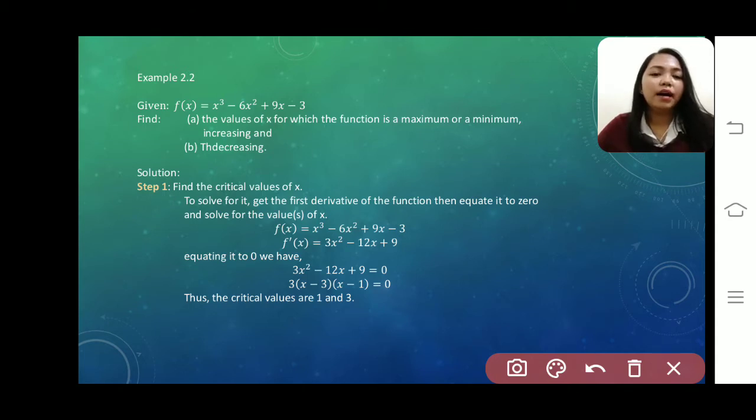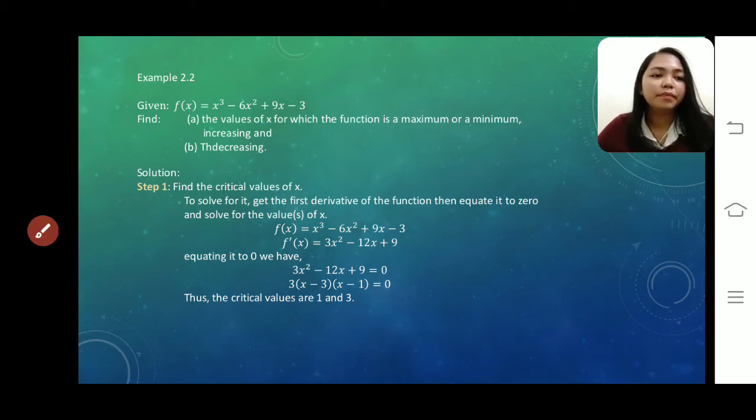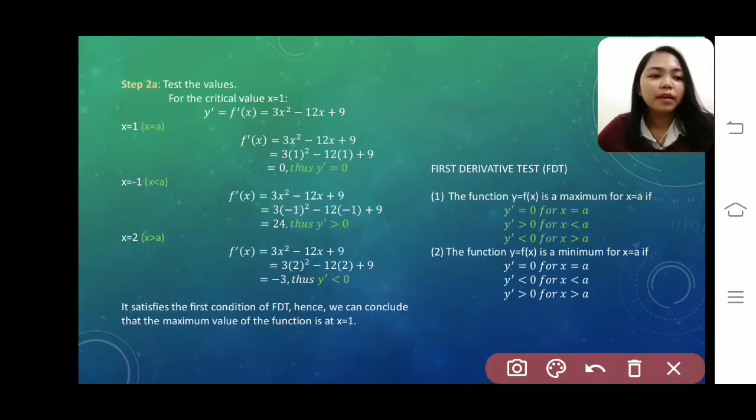Di ba? Meron na tayong critical value. Ang sunod is, itatest na natin siya. So, paano yon? Susundin lang natin yung given conditions kung paano i-identify. So, una, consider natin yung critical value, x equals 1.